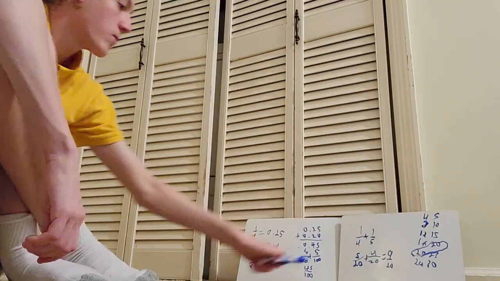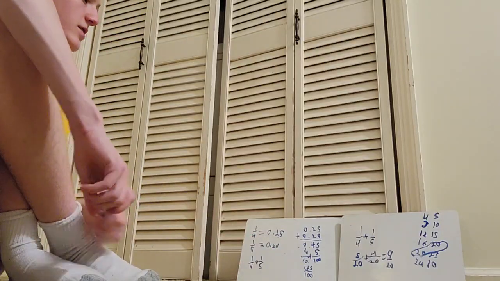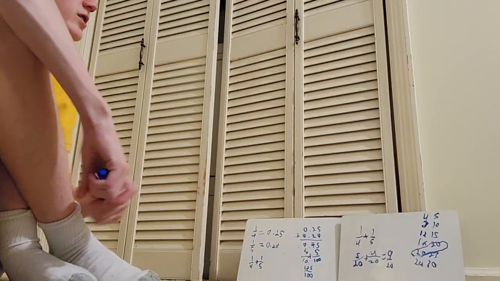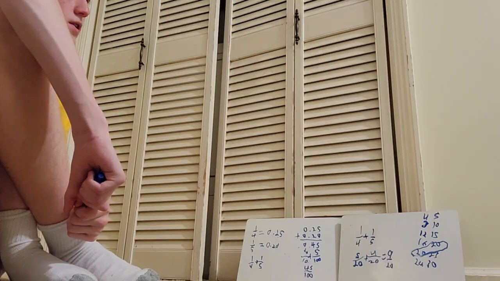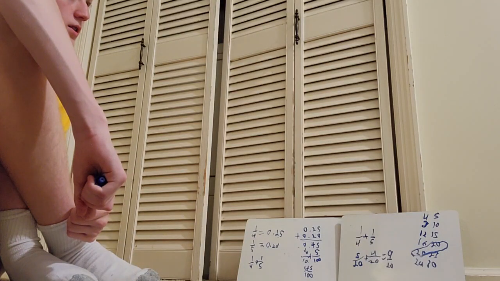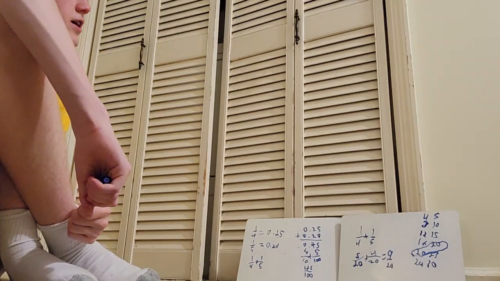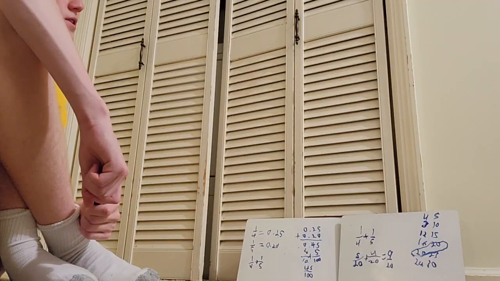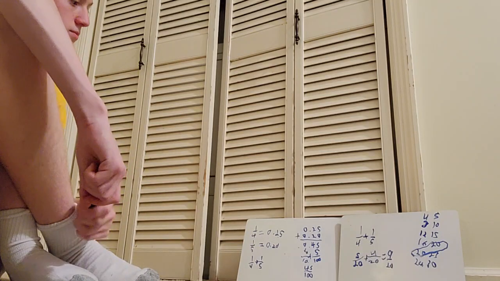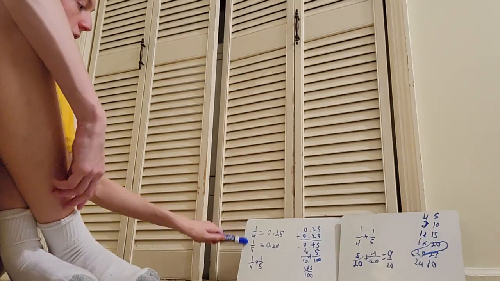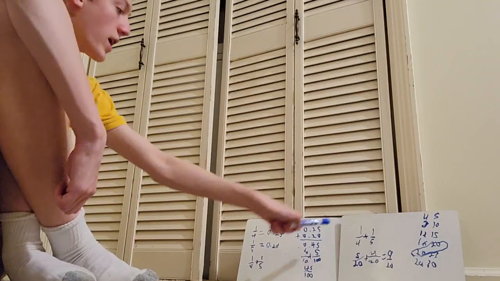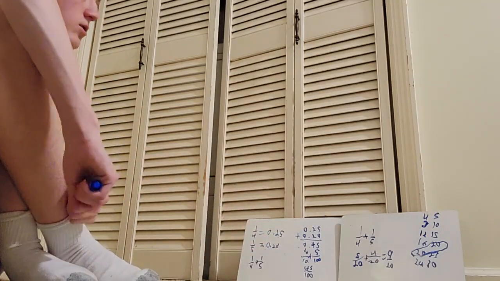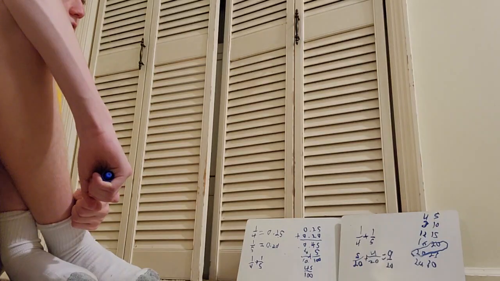Now is 20 times 5 100? Yeah. Then they're the same fraction. That means adding in fraction form or adding in decimal form works perfectly fine.